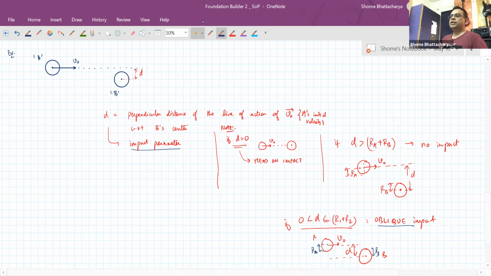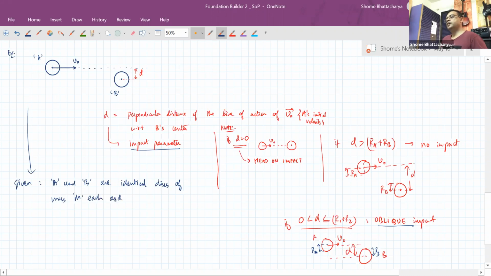Now coming back to the question, it is given that A and B are identical disks of mass m each and radius r each. Now, let us say the impact parameter D is 1.6 times r.